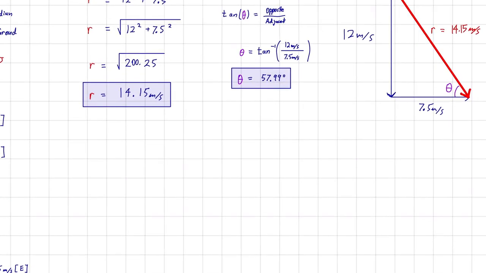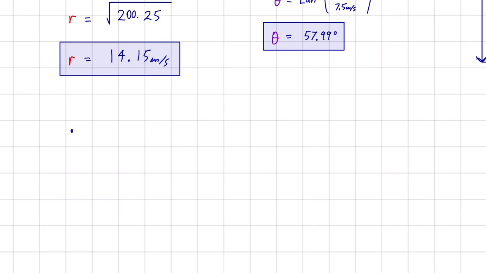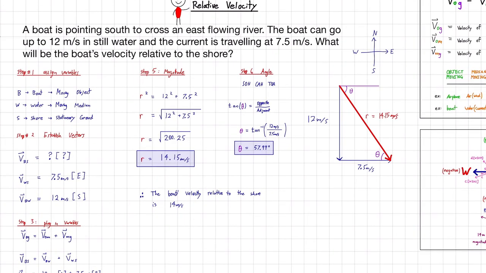So if we want to write this out in a nice closing statement, that's going to tell us, therefore, the boat's velocity, remember, relative to the shore, is 14, and I'm going to keep it at 14, just 2 significant digits in this case, because that's all we were given in the question.